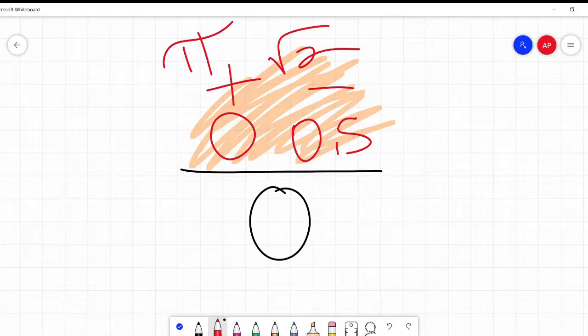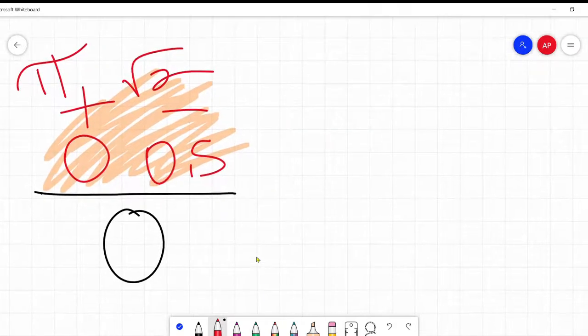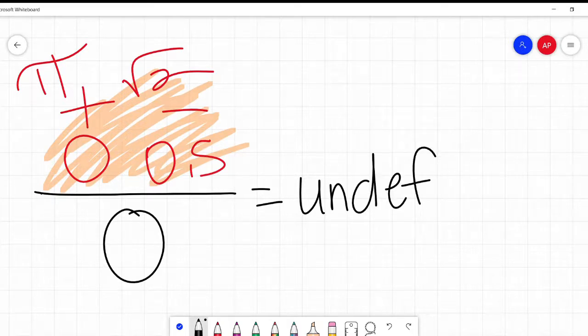If you try to divide by zero, you cannot do it. You will list the answer as undefined. So that's the rule. No matter what is on top, you cannot divide by zero. Anything divided by zero is undefined. Okay, so there's your rule. Lock it away. Keep it solid.